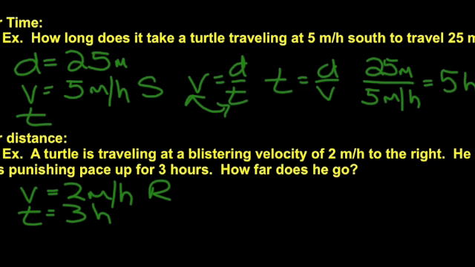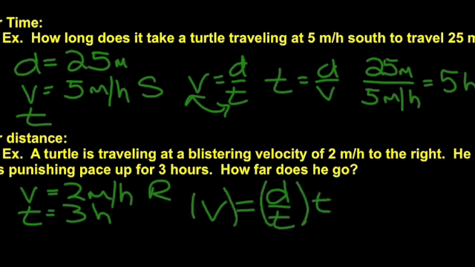So velocity equals distance over time, and we're looking for distance, so all we have to do is multiply both sides by T. So we find out that D equals V times T. Plugging into that formula, we end up with our V is 2 meters per hour.